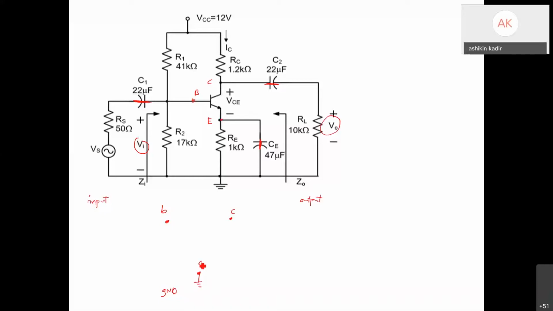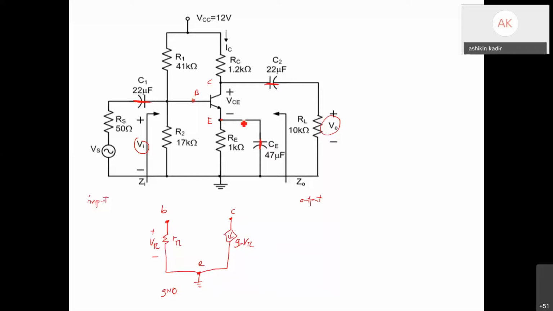And then draw the internal component of the BJT. So from B to E you have R pi. So you label R pi and V pi plus minus. And then C to E you have current source, and also need to label GM V pi.